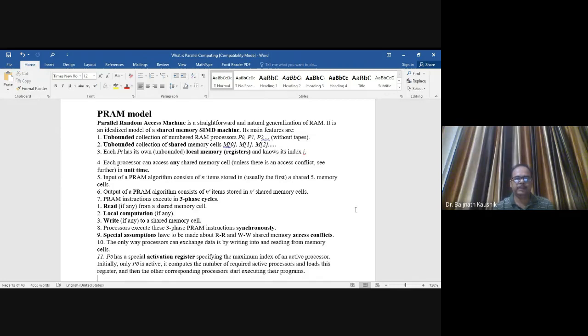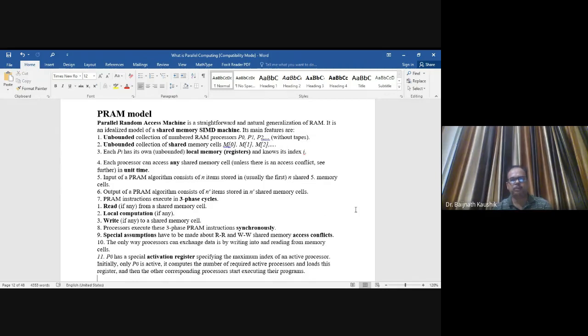Next, the input of a PRAM algorithm consists of n items, and usually these n items are stored in the first n locations of the unbounded collection of shared memory cells, from M0 to Mn.